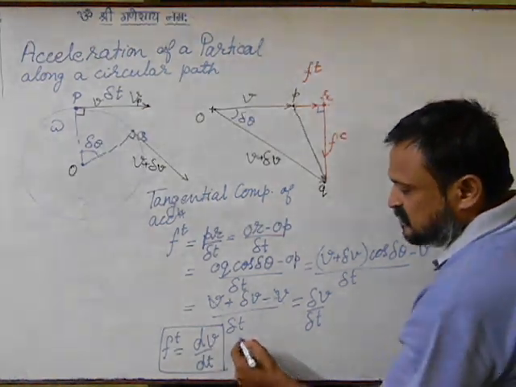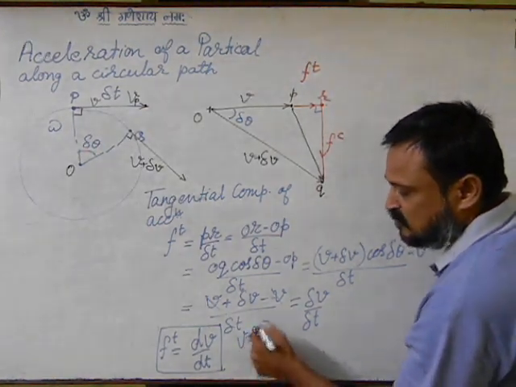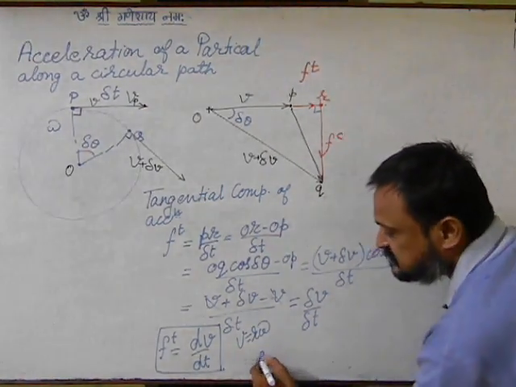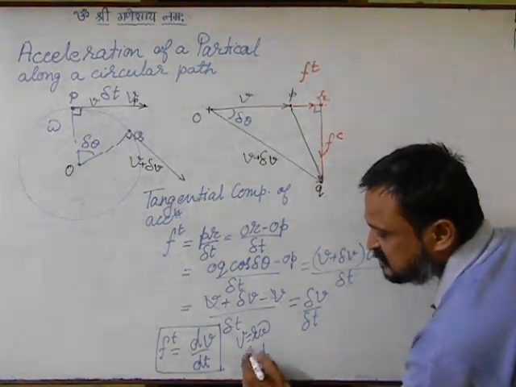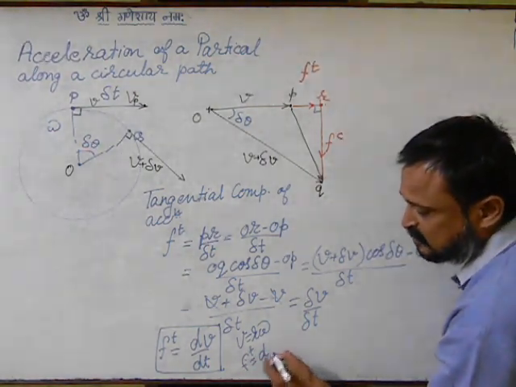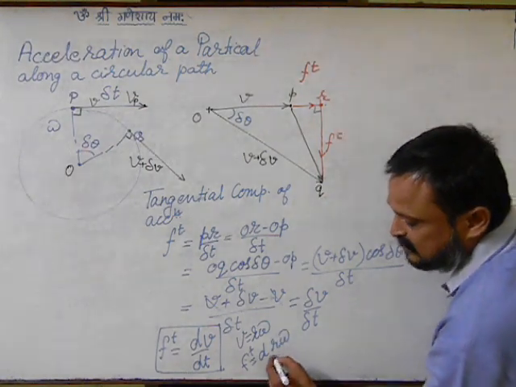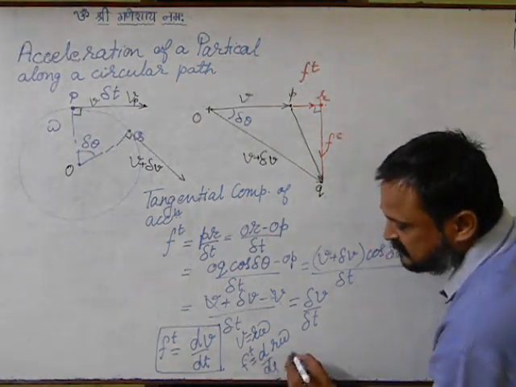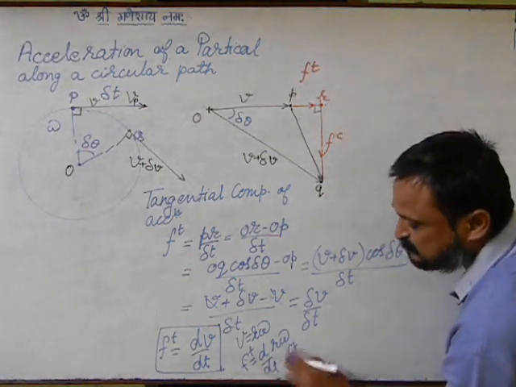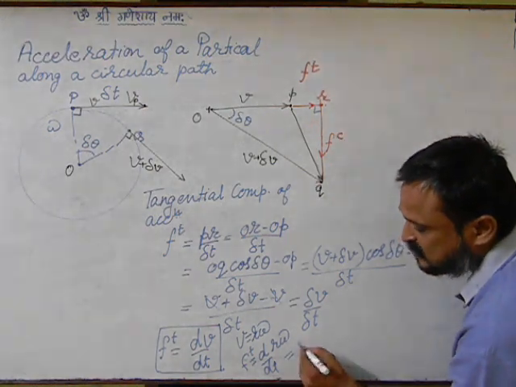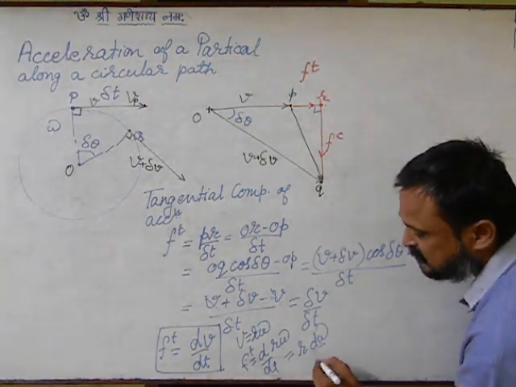So we are getting the tangential component of acceleration as dV by dt. And what is V? V is equal to r omega. So the tangential component is equal to d of r omega by dt. Since r is constant, the tangential component is equal to r d omega by dt.